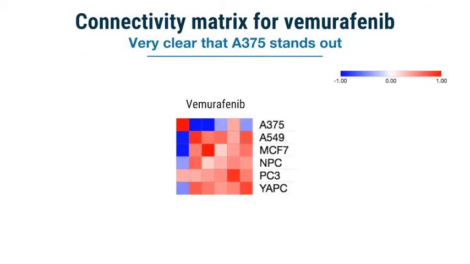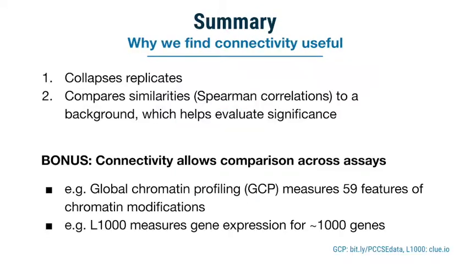So once we have these connectivities, we've got more matrices to play with. And a quick summary of why we do this extra step rather than just correlations: it's the way we collapse the replicates, and the way in which we compare the similarities to some background. And we chose a compound-specific background rather than the global background.